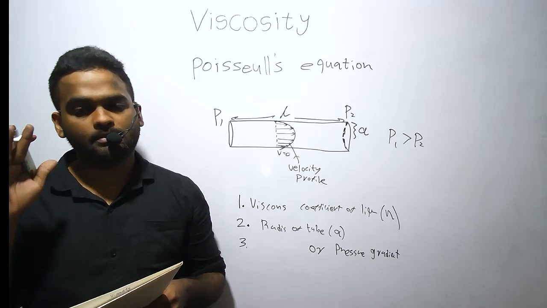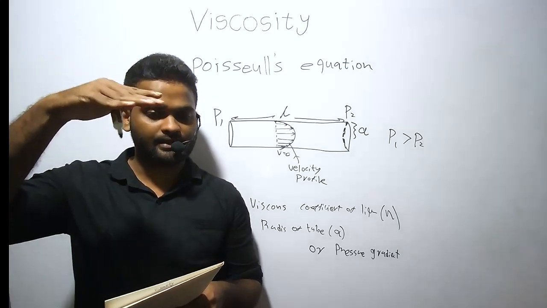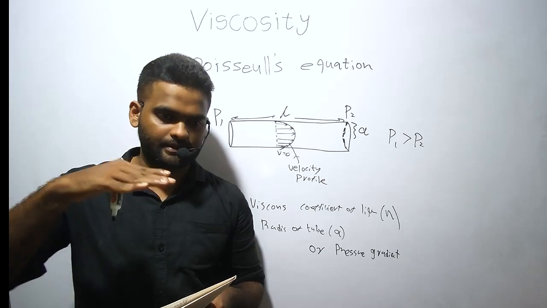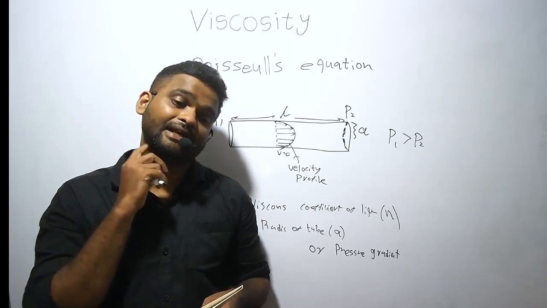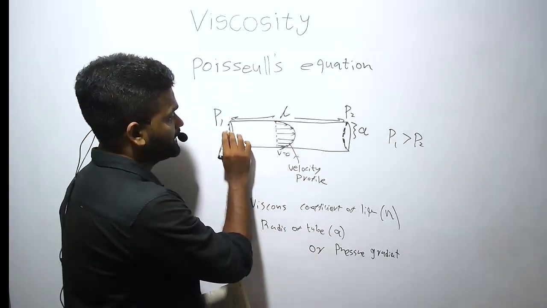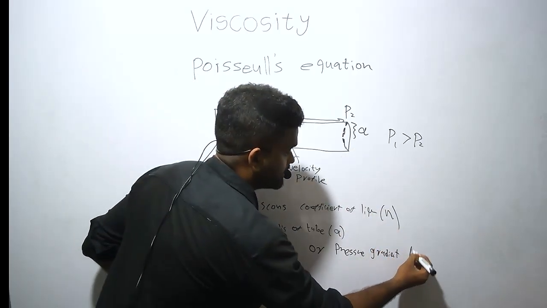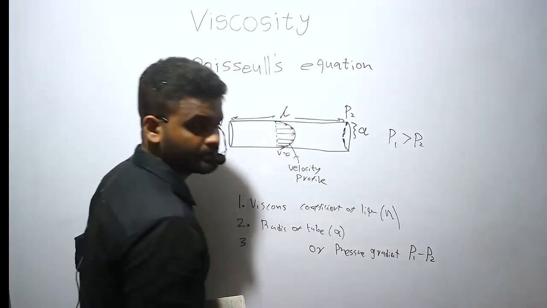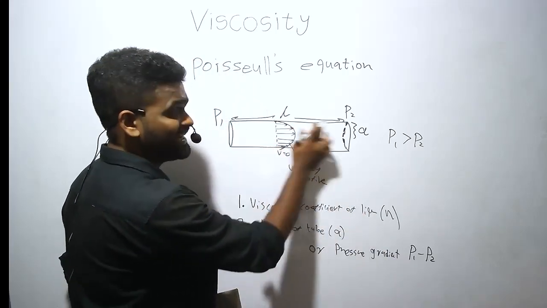Do you remember velocity gradient? We just took velocity at two places, then divided by the gap length. To find the pressure gradient, we take the pressure difference here. What is that? P1 minus P2, where P1 is greater, and divide by the length.